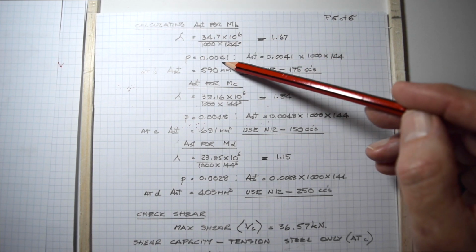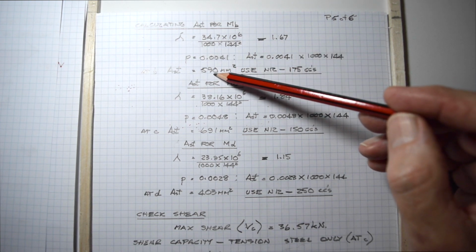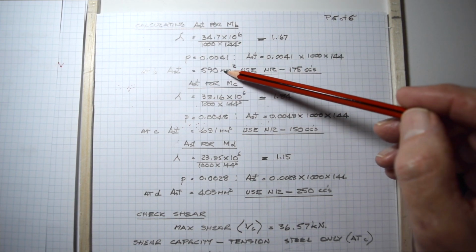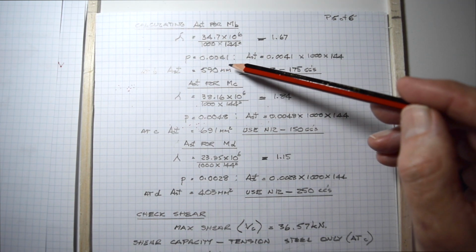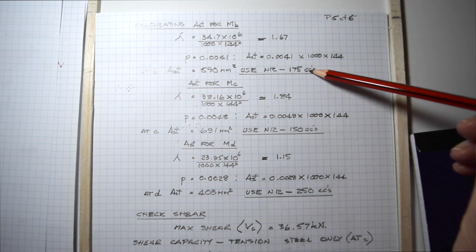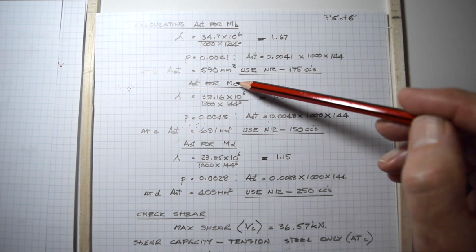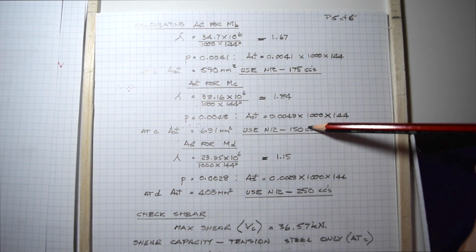Using that, you can have a look at what your steel area is, and hence computing your steel area, looking at your tables for 590 square millimeters, you can use N12s at 175 centers. Then you look at the area of steel for the moment at C and repeat the process and see what steel area you need there.